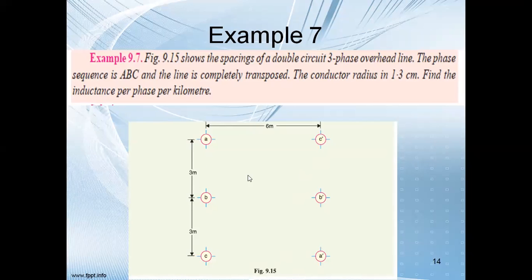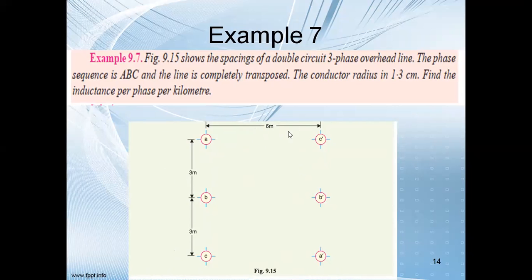Here this is ABC, one circuit, and A dash, B dash, C dash is another circuit. The distance between A and B is 3 meter, B and C is 3 meter, and between these two separate circuits the distance is 6 meter.